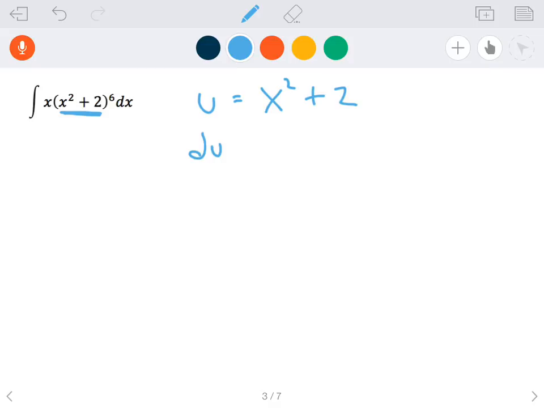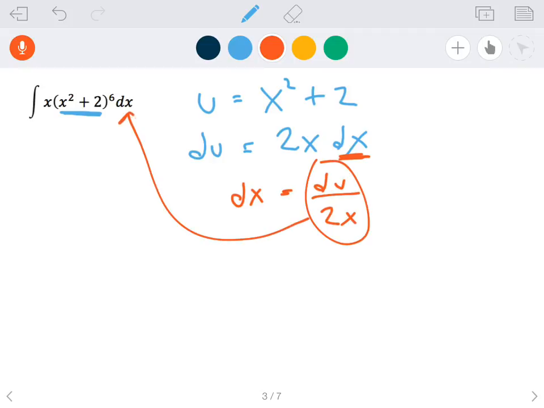When I take the derivative, du is equal to 2x dx. And I have found with students in the past that this is easier if you solve this for dx and then just plug it in to the equation and see what cancels out. That kind of helps you deal with constants a little bit better.